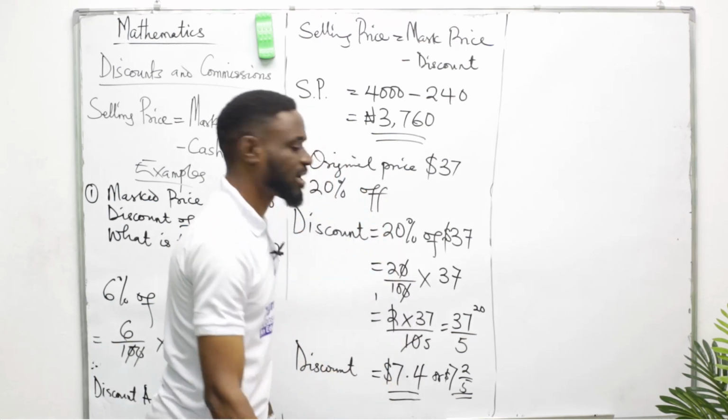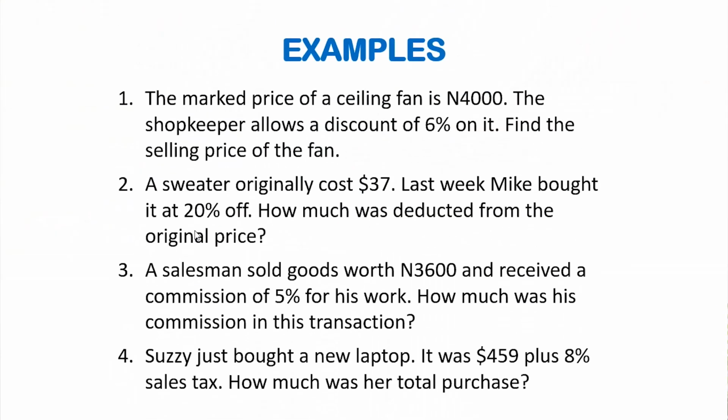All right, okay, so the next one is a salesman sold goods worth 3,600 naira and received a commission of 5% for his work.